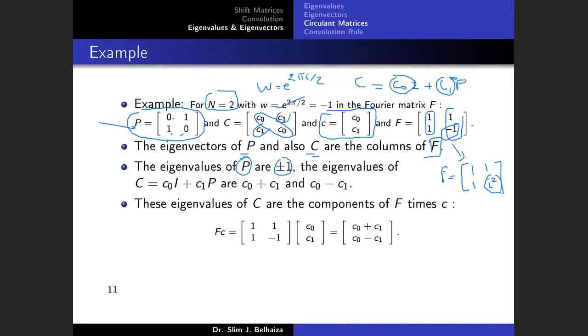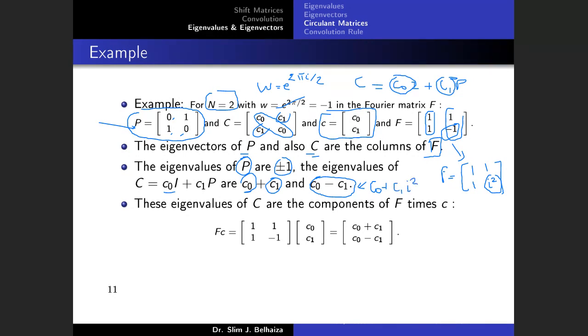So the first one will be c0 plus c1, and the next one will be just c0 minus c1, because you have c0 plus c1 times i squared.